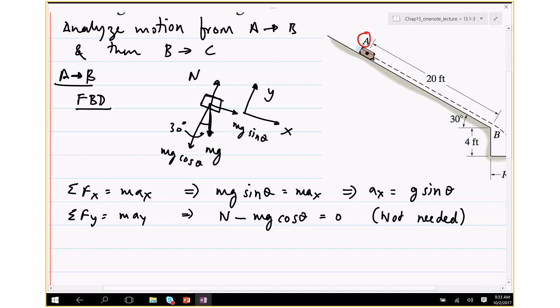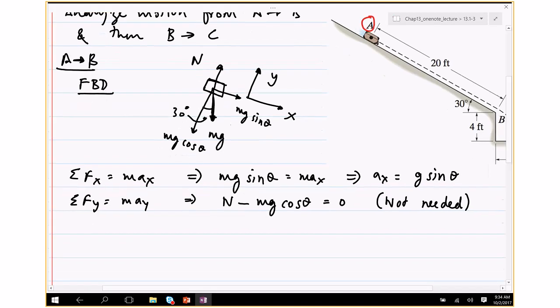So you could use some of the equations you had learned in the section on motion with uniform acceleration. So remember, x equals x0 plus v0t plus half at square, and v square equals u square plus 2ax, and so on. Those three equations. You could use them over here.